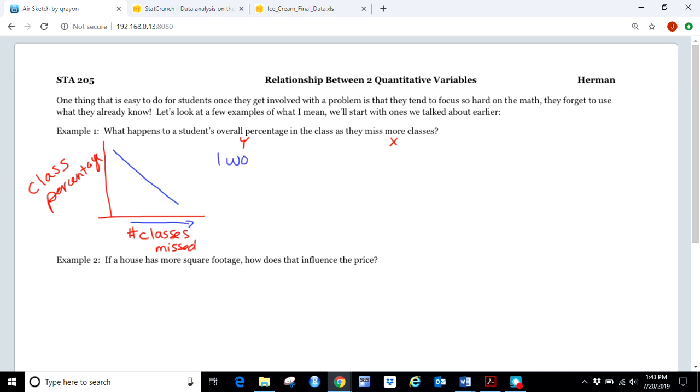So I would expect as students miss more classes, that's us moving to the right there, that this would have a negative impact on their grade.